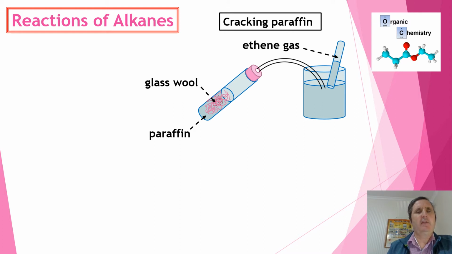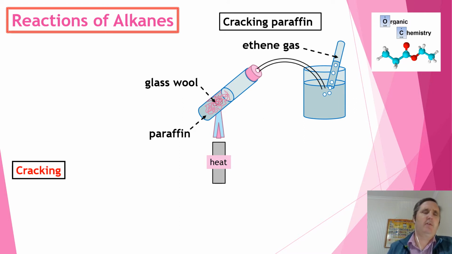That's insulation glass wool you might have used in your ceiling, and you heat it and it will produce bubbles of alkene, in this case specifically ethene gas. So that will produce bubbles when we heat it, and we can collect those and then we can carry out a test to see whether it's an alkene.